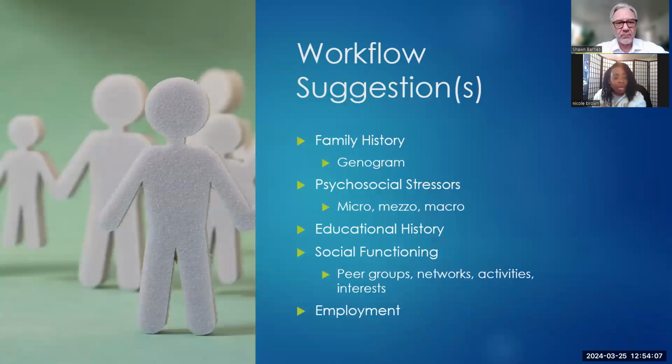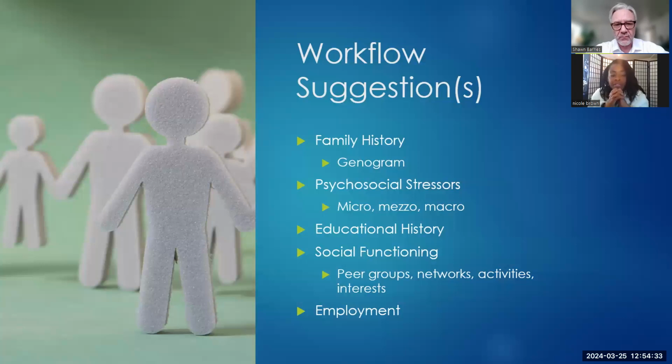So also in workflow, we're looking for a family history. Some people do a genogram. Some people just write it down. They make their own flow chart. You want to look at the psychological stressors in their micro, meso, and macro environment. So you want to know what's going on in your home, what's going on in your community, and then how is that affecting what's going on in our collective globally?